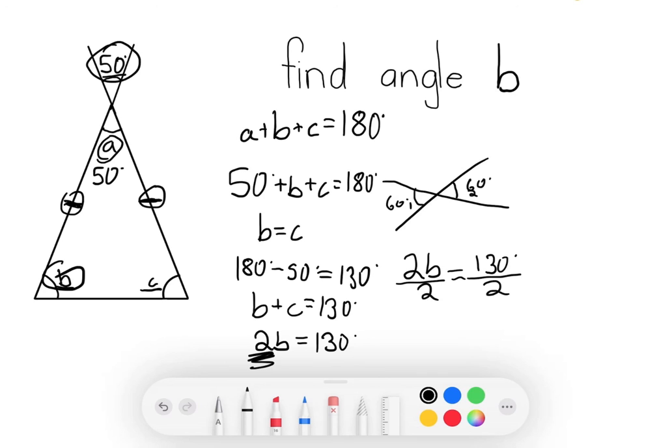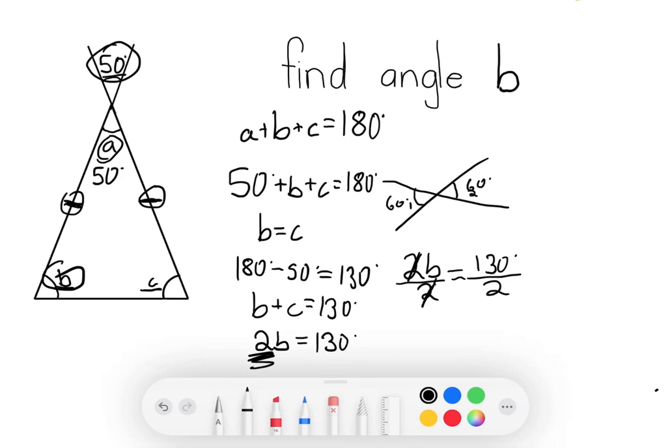As you see here, we have a 2 in the numerator and denominator on this side of the equation, so they cancel each other out, leaving us with B. So B equals whatever 130 degrees over 2 equals.